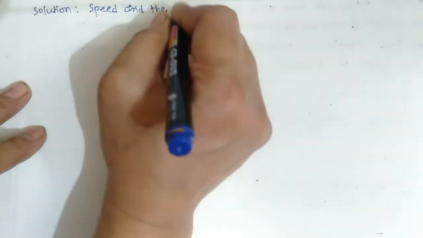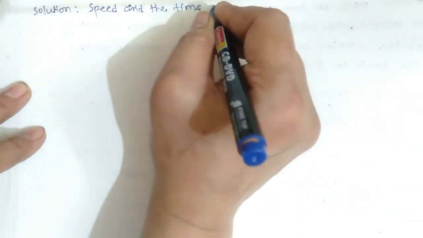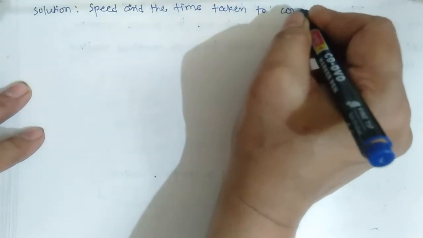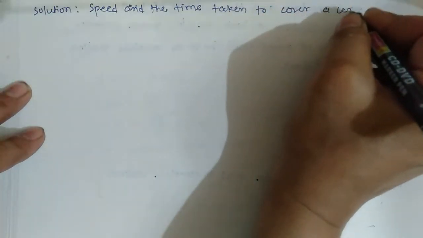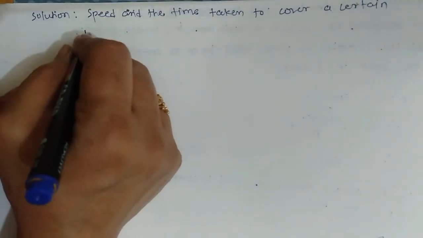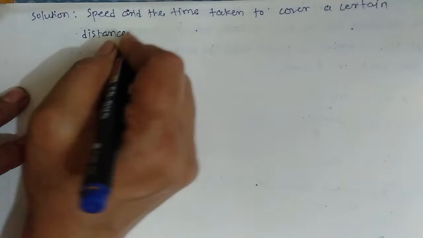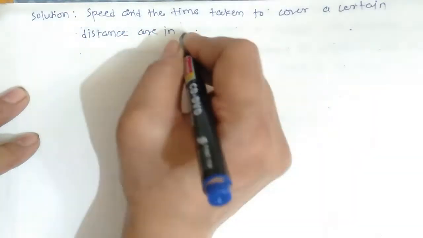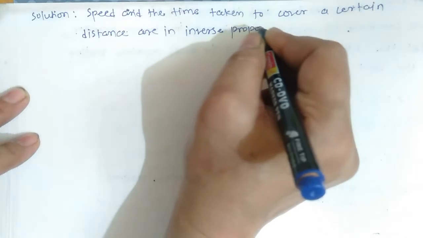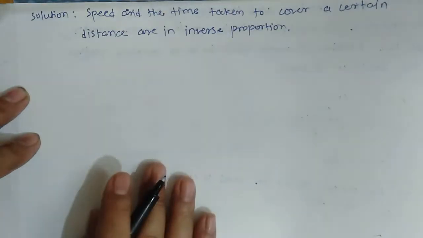Speed and the time taken to cover a certain distance are in inverse proportion. Correct?